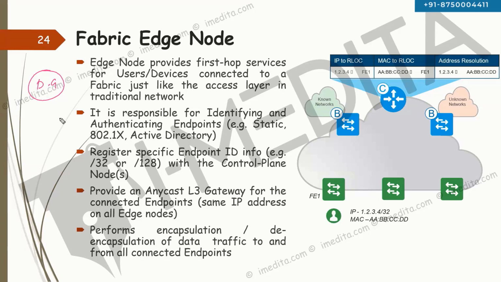It is also responsible to identify and authenticate the endpoint using techniques such as static authentication, .1x, Active Directory, whatever. When the end user is joining the network and we have set some sort of authentication, it is the responsibility of the fabric edge node to perform the authentication of the endpoints using maybe .1x, Active Directory, user ID, password, or whatever.